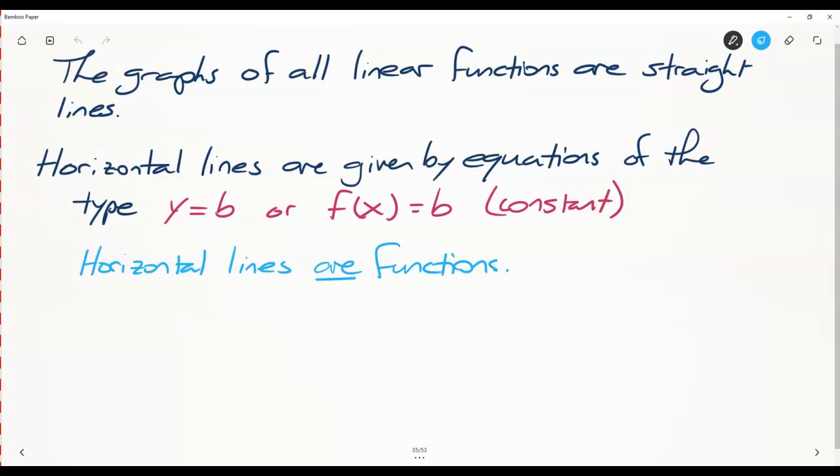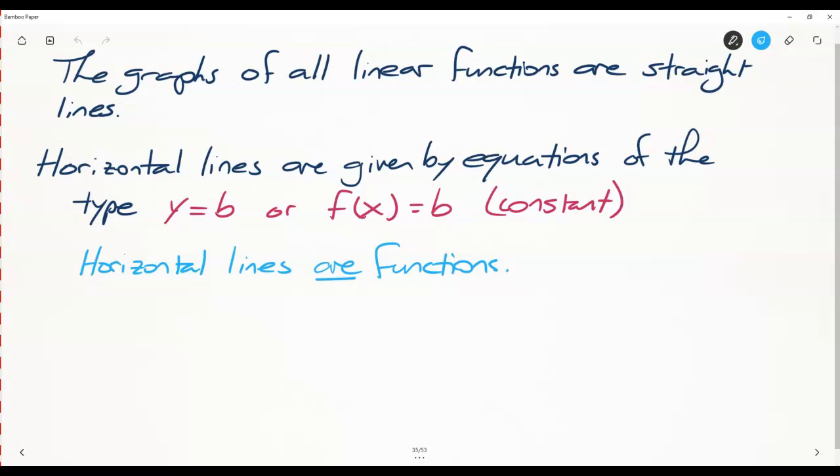Vertical lines, however, are not. If your graph is a vertical line, then it's going to fail the vertical line test because it intersects itself an infinite number of times. All a vertical line has to do is intersect your graph twice for it not to be a function. Vertical lines will intersect it a whole lot more than twice.